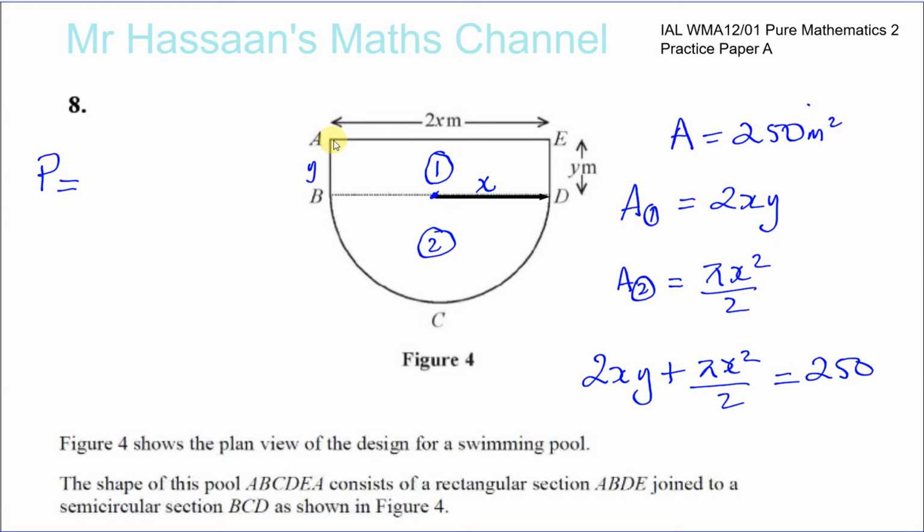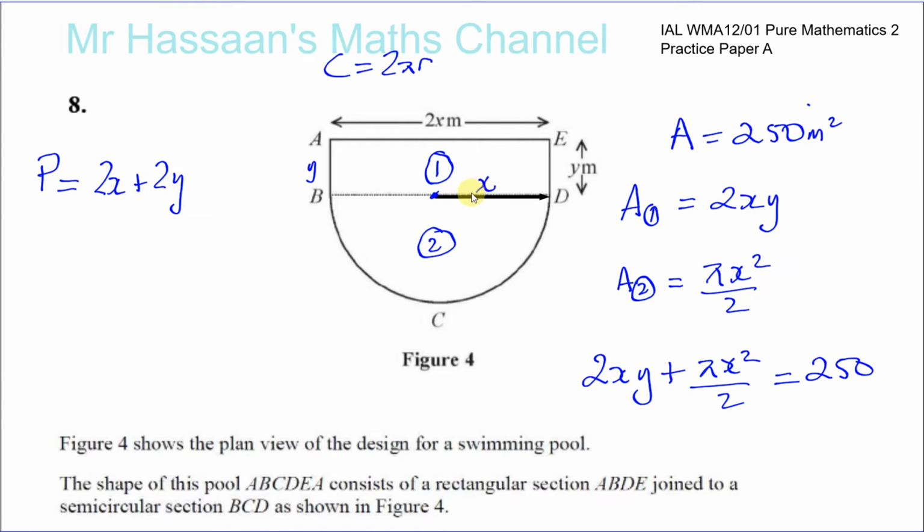So the length of the outline is 2x plus 2y. You're not going to say another 2x because this is inside the shape. So you've got 2x plus 2y, that's this part here. Then you've got the circumference of half a circle. Now the circumference of a circle is given by 2 pi r.